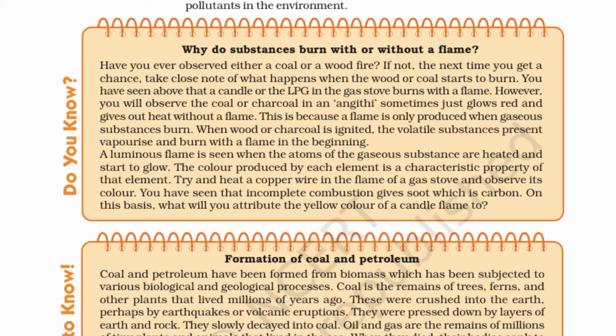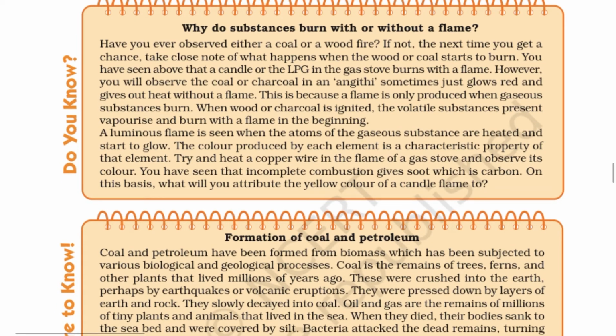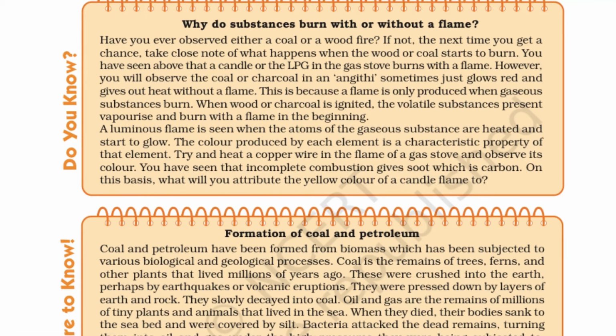This is because a flame is only produced when a gaseous substance burns. When wood or charcoal is ignited, the volatile substances present vaporize and burn with a flame in the beginning. A luminous flame is seen when the atoms of the gaseous substance are heated and start to glow.